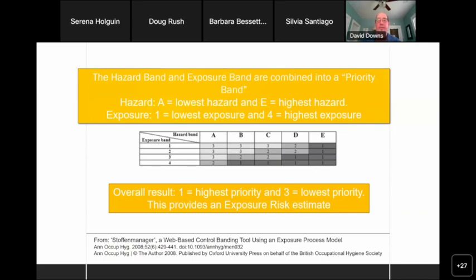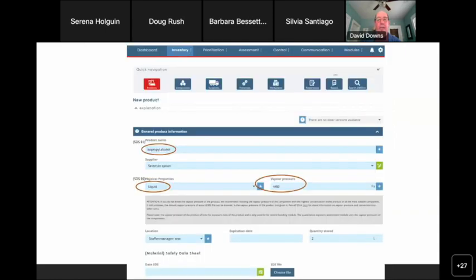If you've got something that's a hazard band, let's say D, and is exposure band 3 or 4, that's going to be a higher priority. So of the processes and chemicals that you're assessing, these are the ones that you really need to focus on. There's a higher level of focus on which ones need to be assessed further.